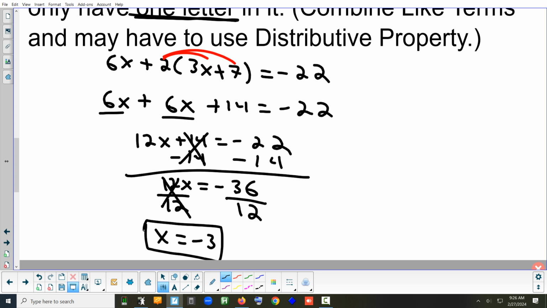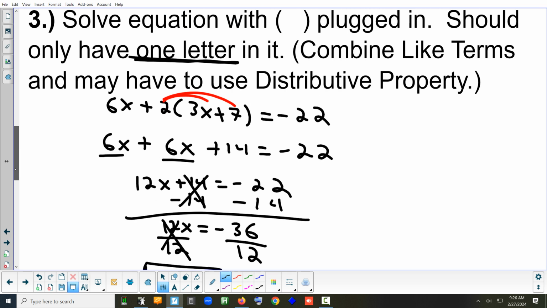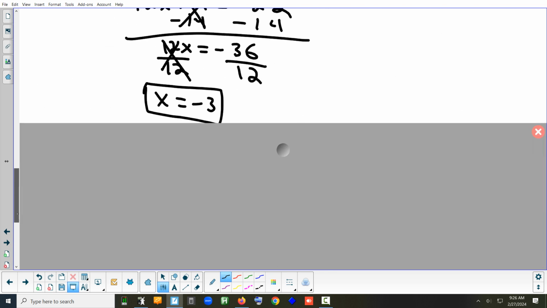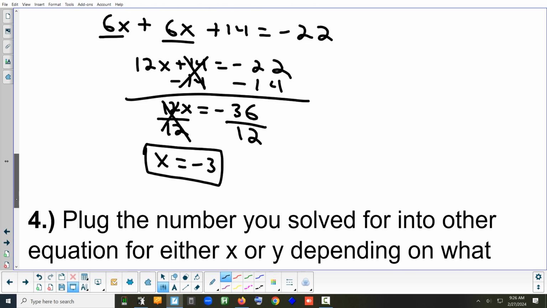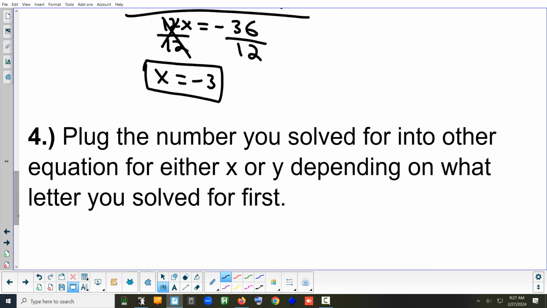Once you find the first one, you're like 90% done. To figure out the last letter, that's going to be very easy. Actually, I think I'll write down what the last step is. So step 4 is plug in the number that you just solved. In this case, the number that we got was negative 3.